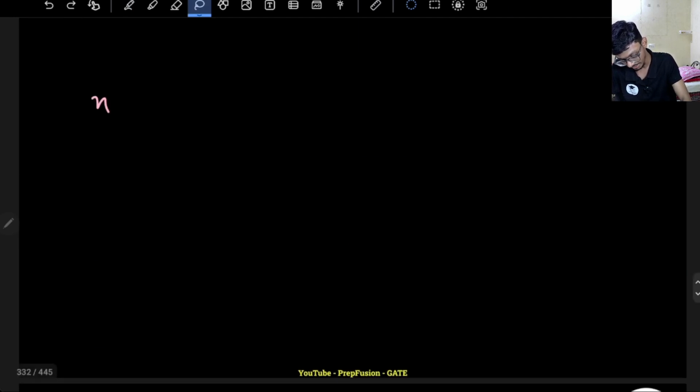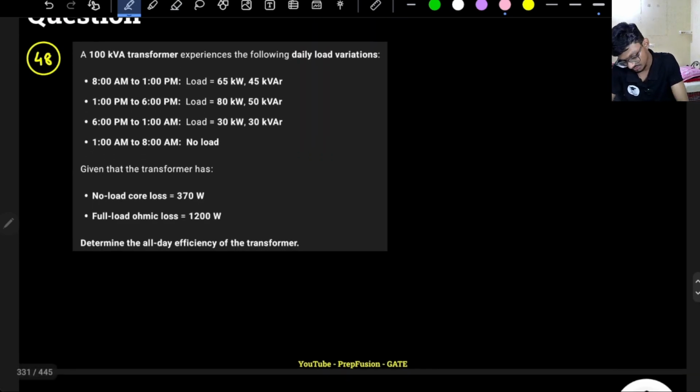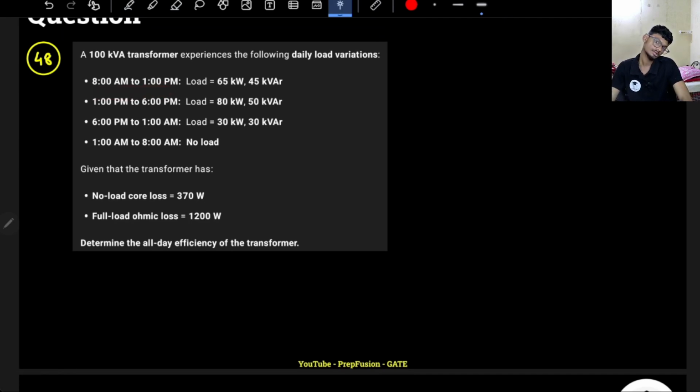First of all, I will calculate the energy consumed all day. It will be this first energy, how many hours is this? This is 8 a.m. to 1 p.m., so this is 5 hours, and the load is this much. But I will only calculate the active load, I don't calculate the reactive power.